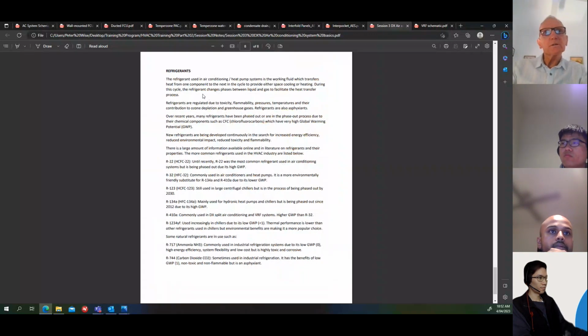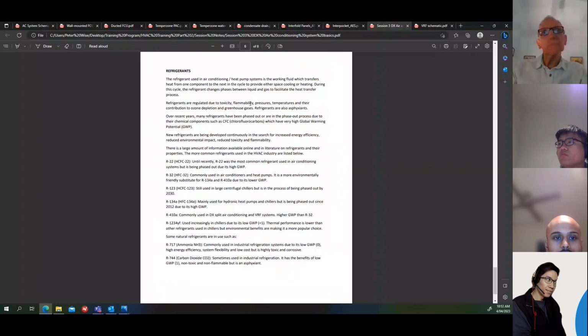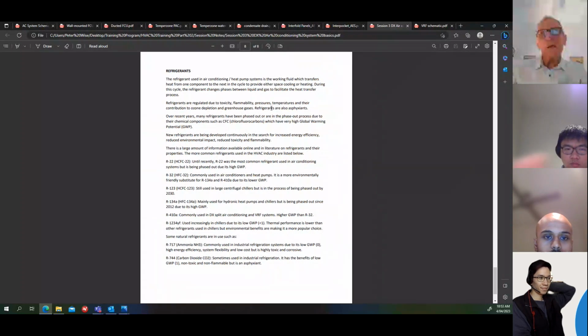During the cycle, the refrigerant changes phases between liquid and gas, as we discussed earlier. Refrigerants are regulated due to toxicity, flammability, pressure, temperature, and contribution to ozone depletion and greenhouse gases. And most of them are asphyxiants. So they've got a few nasties in there, so be aware of that.